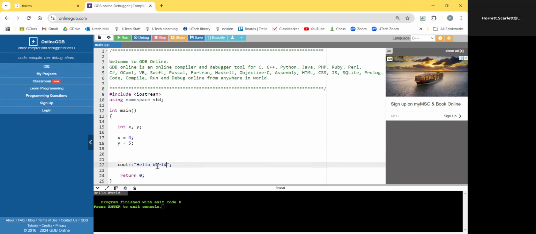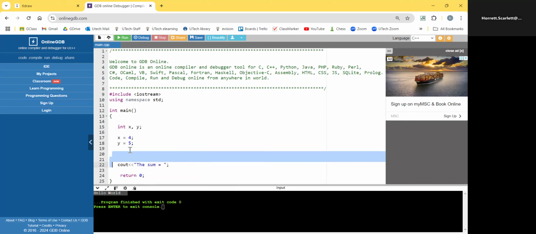Inside our cout, let's say the sum is equal to, and then we're just going to sum x and y and see what output we are going to get.